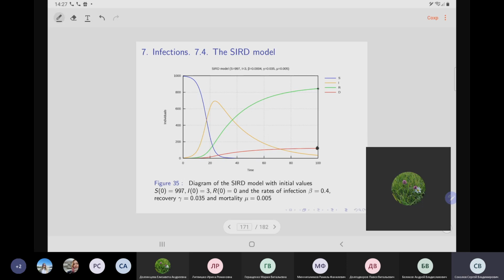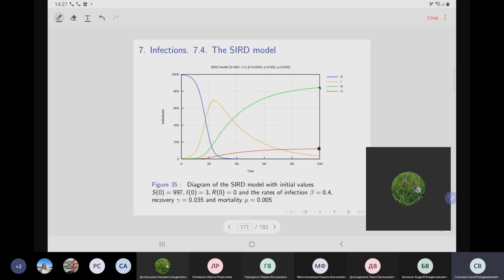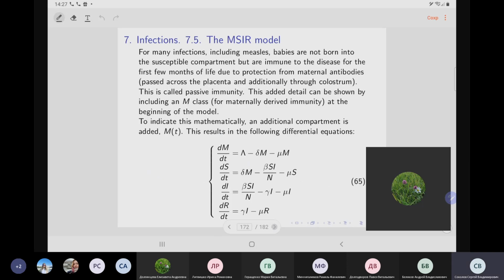So more than 90% recovered. And we can use our numerical calculations to understand how many will die and how many will recover.